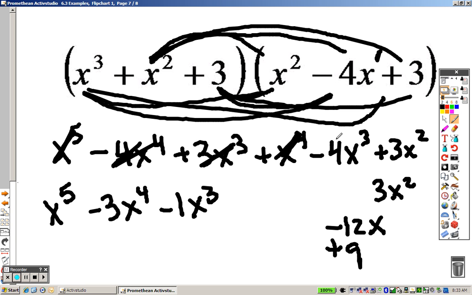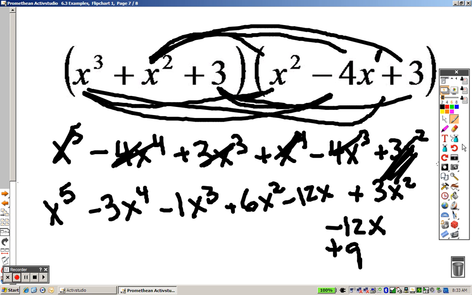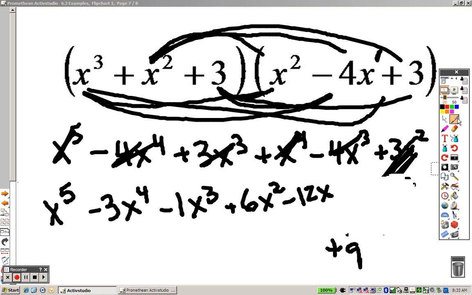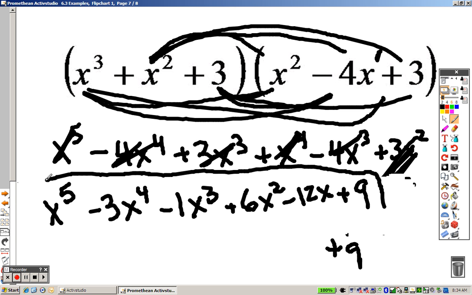So cross that out. 3x squared and another 3x squared is positive 6x squared. There's no other x's, so it's minus 12x. And all we have left now is that positive 9. So it's plus 9 there. And there is your answer.